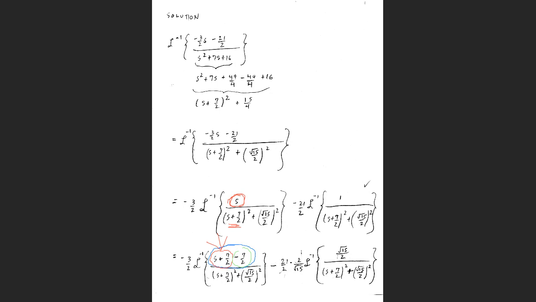Okay. So we are going to split up this first term into s plus 7/2 and then -7/2. But don't forget, we're multiplying by that -3/2 in front. So that's going to get us here. Oh, and by the way, now here for this inverse Laplace transform, we're ready to do that inverse Laplace transform.